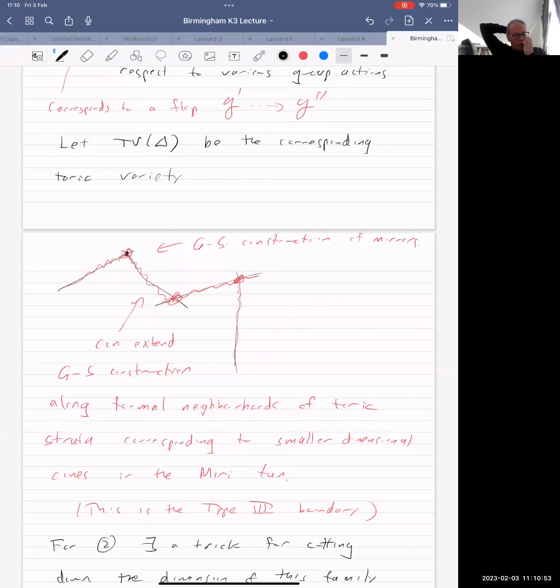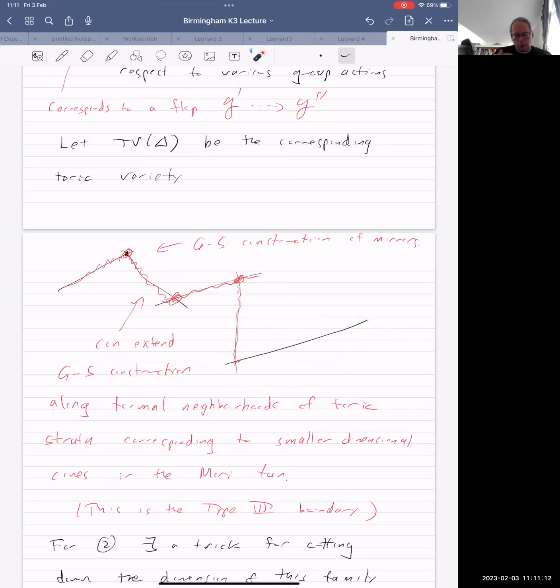So my understanding is that the basic construction, if I go back to this picture and draw a little bit more, is that what I've drawn here might be the type 3 locus, but then over here, we meet a bit of type 2 locus.